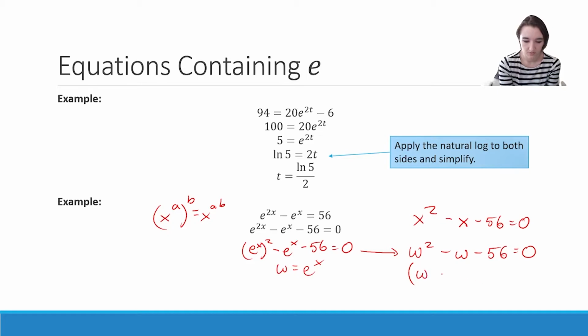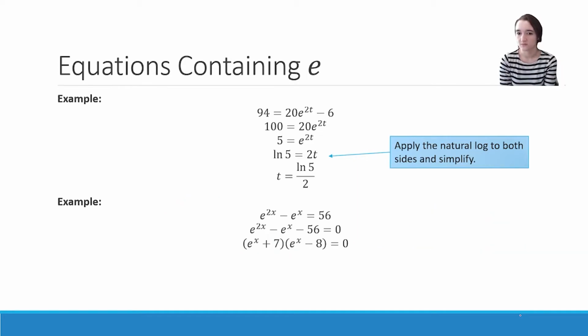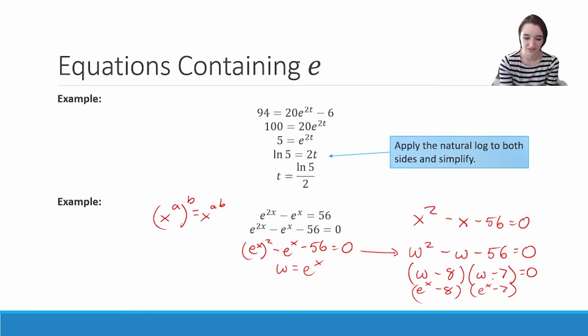This would be w minus 8 times w plus 7 equals 0, right? So what does that mean for e to the x? Well, I can factor this, and it's e to the x plus 7, I should say, I apologize, that is a plus.